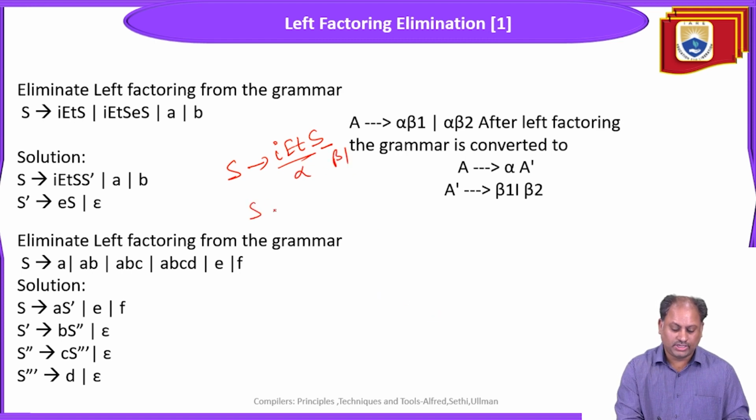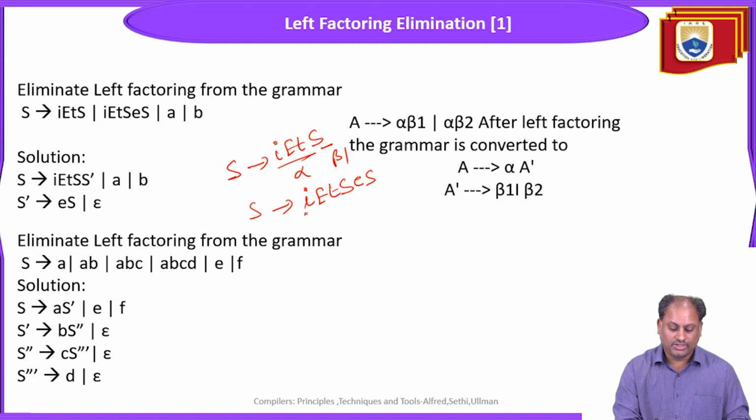And the second one, S derives small i, capital E, small t, capital S, small e, S. Then in this case, we can write alpha, beta 1, beta 2.